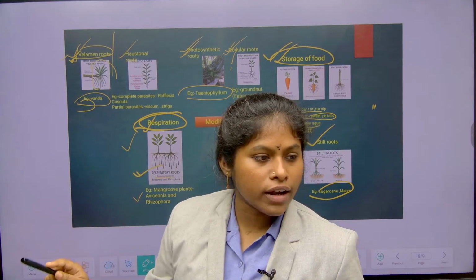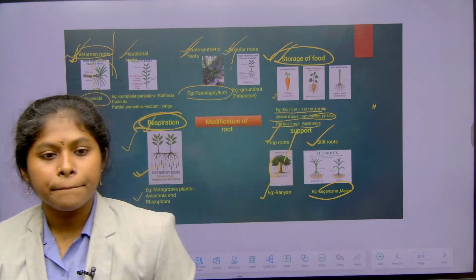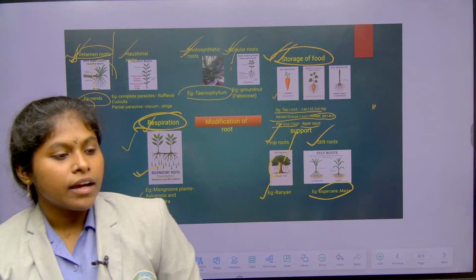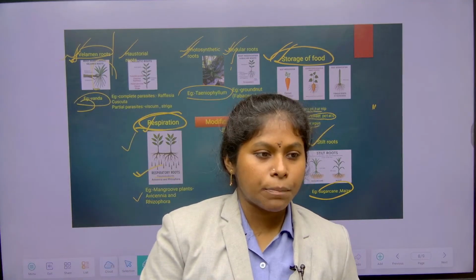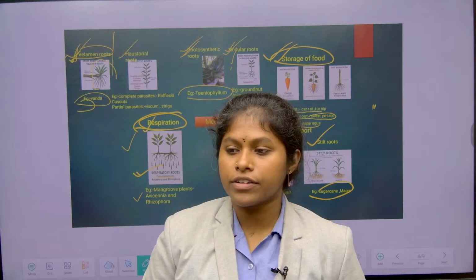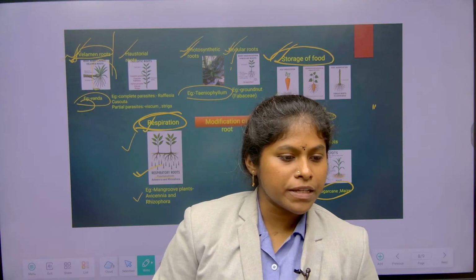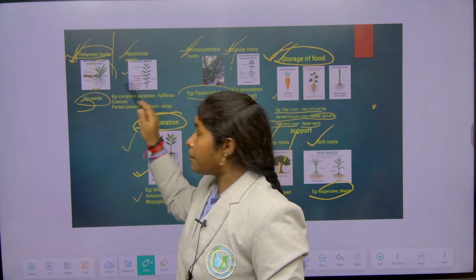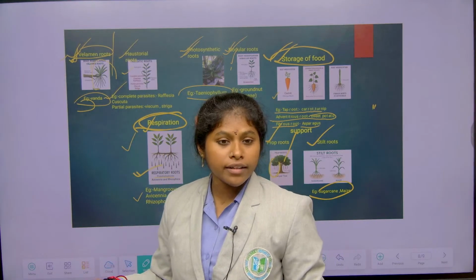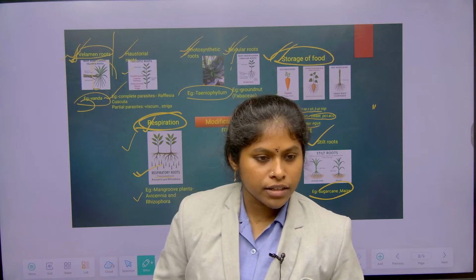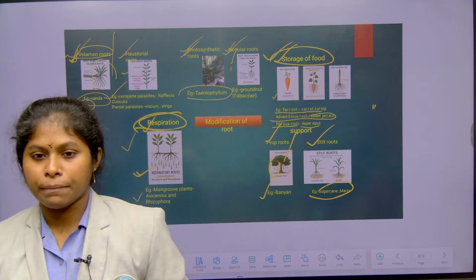And coming to the next one, which is haustorial roots. Haustorial roots are also called parasitic roots. Which means they are depending on other plants, either for water or for food. Okay. There are two types of haustorial roots, which means partial parasite and complete parasite. What is meant by complete and partial?